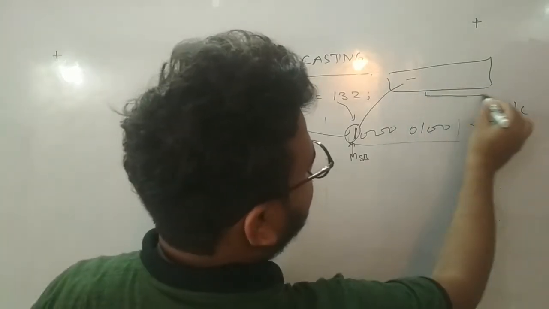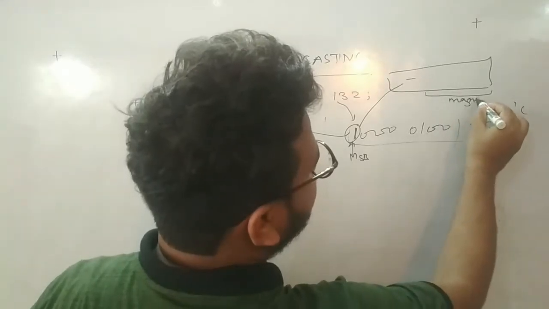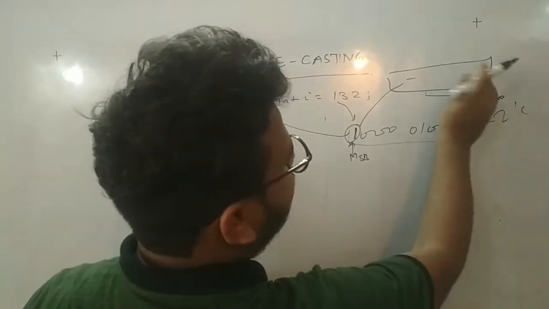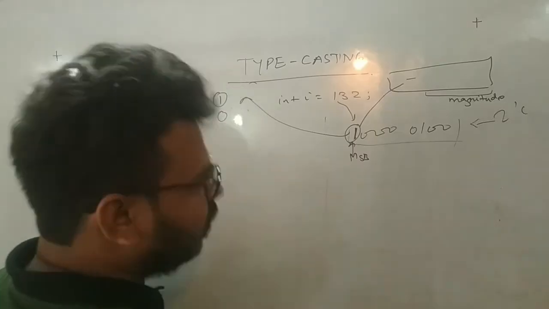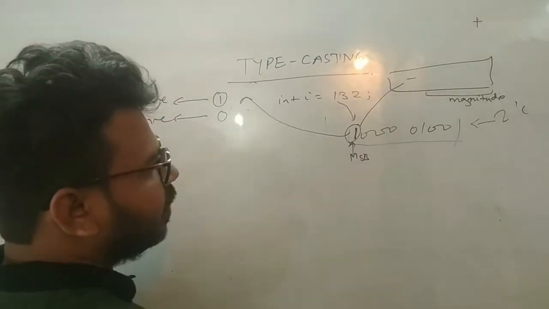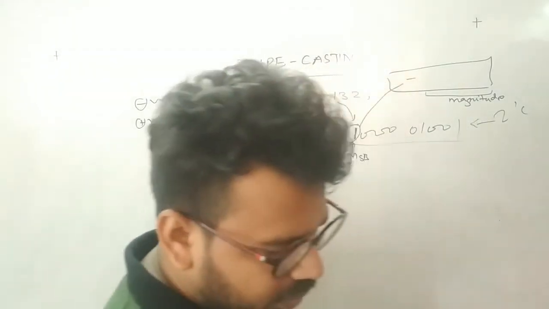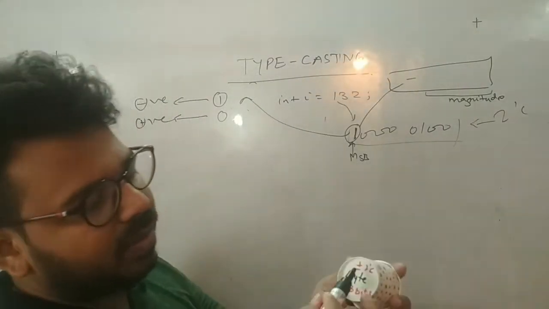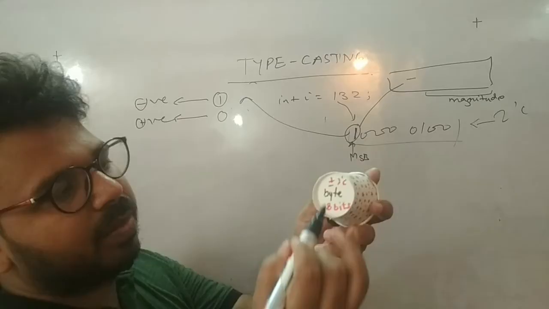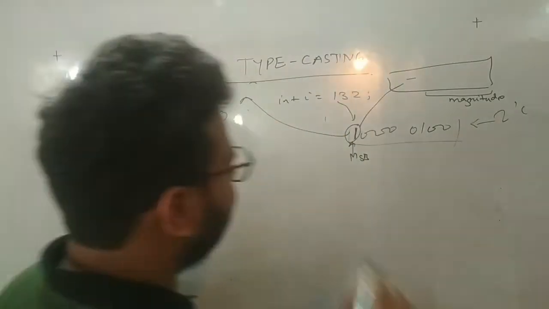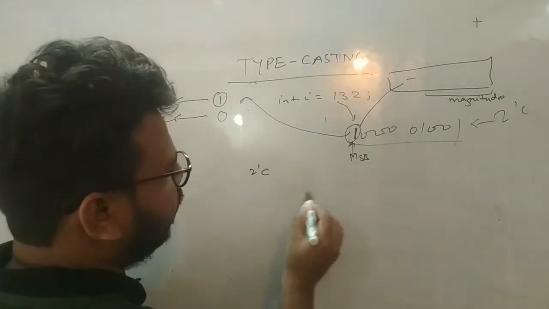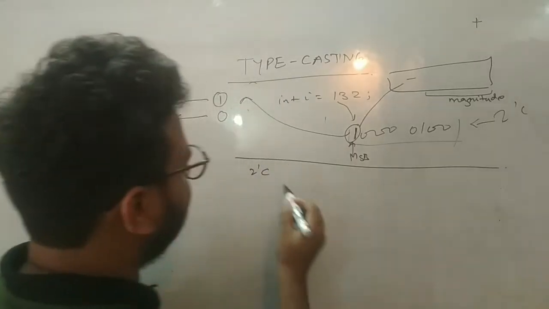We will calculate the magnitude, meaning what will be the value here, minus of what? For that we will calculate here. But before going to that, I will let you understand the concept of two's complement. What is two's complement?